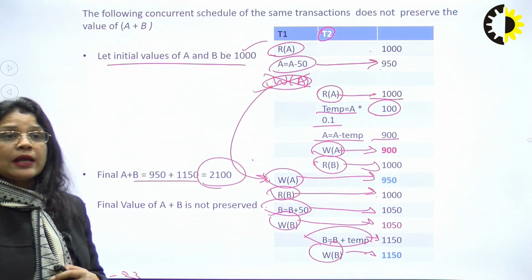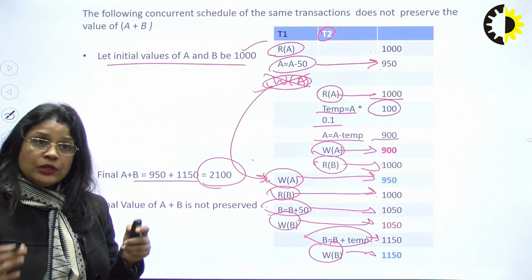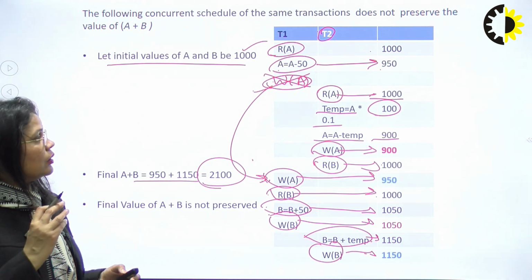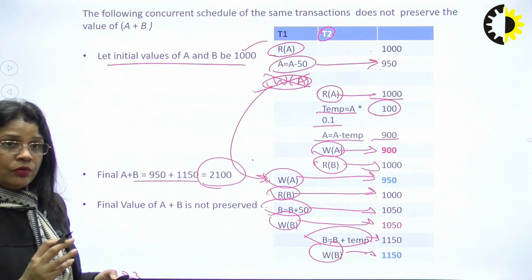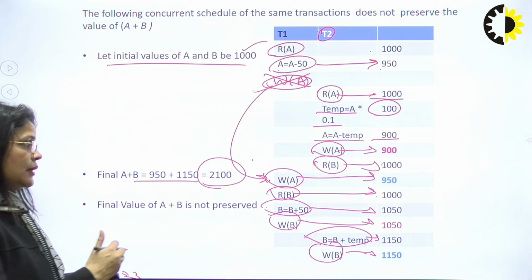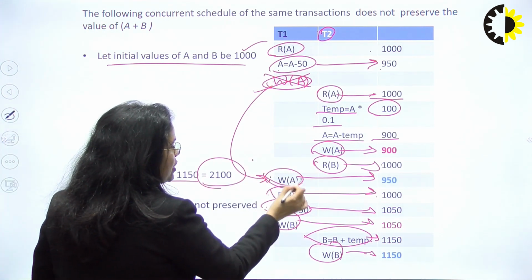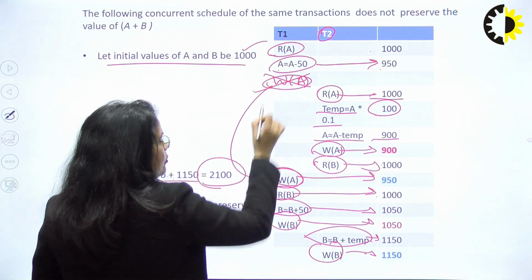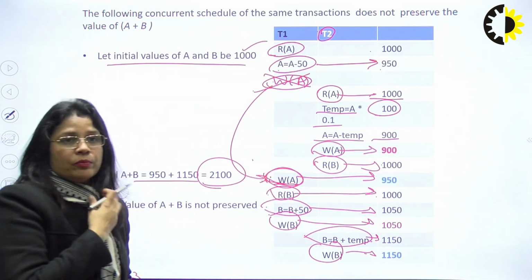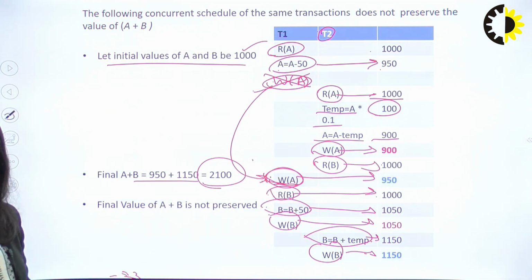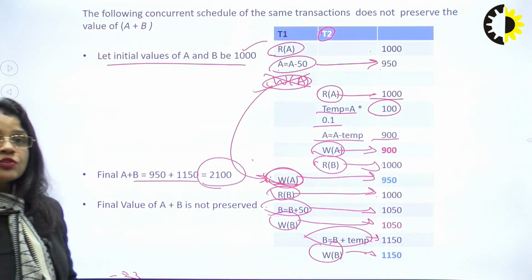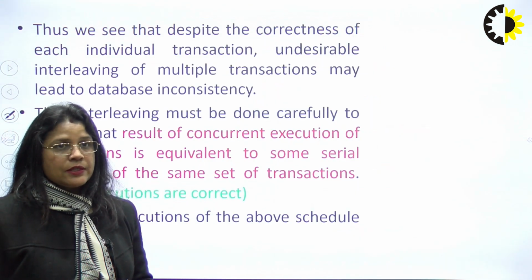This is not acceptable at all. So we need to be very careful where we are placing these operations, as the placement of this operation is creating a problem. Such a problem should not be there during the execution of interleaved transactions, right?